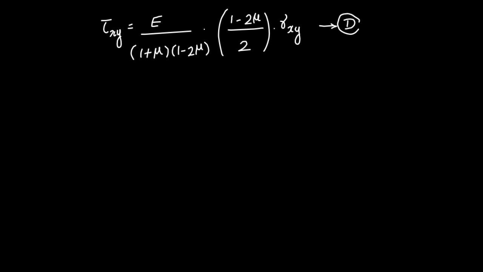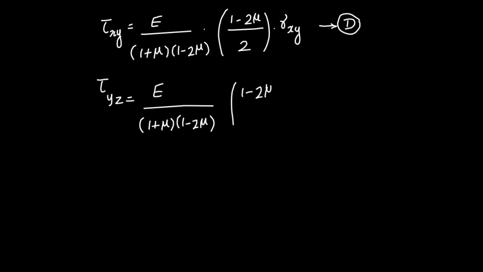In exactly the same manner, I can write the expression for tau yz, in which case I'll be getting capital E divided by 1 plus mu into 1 minus 2 mu, 1 minus 2 mu divided by 2 into nu yz.